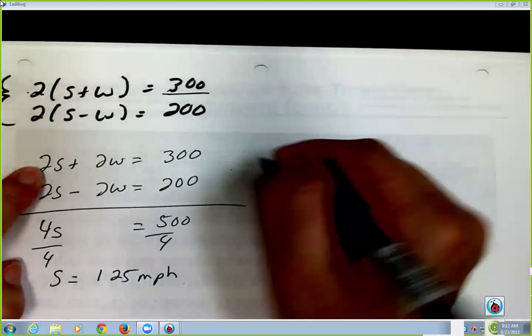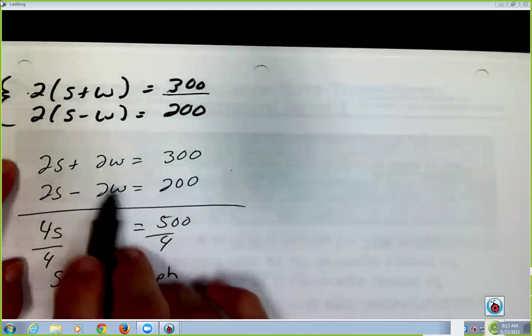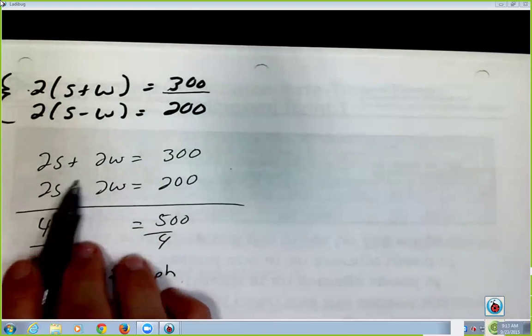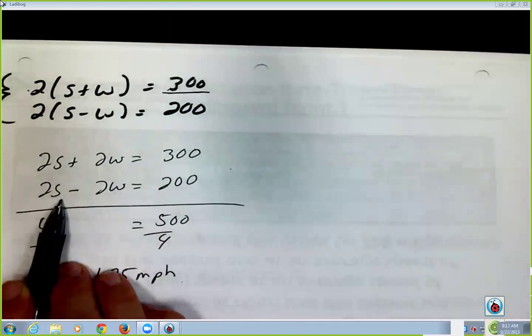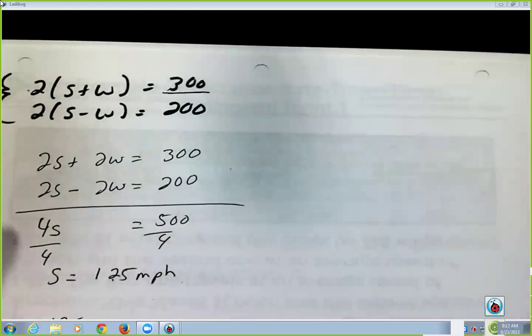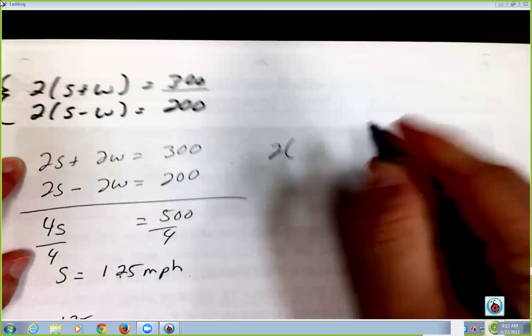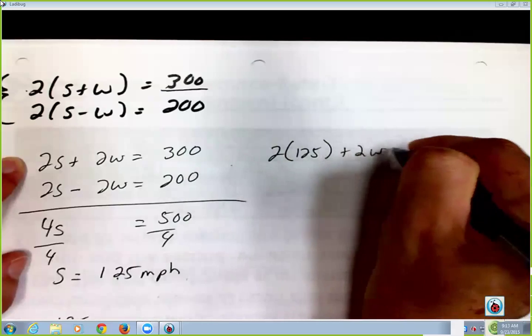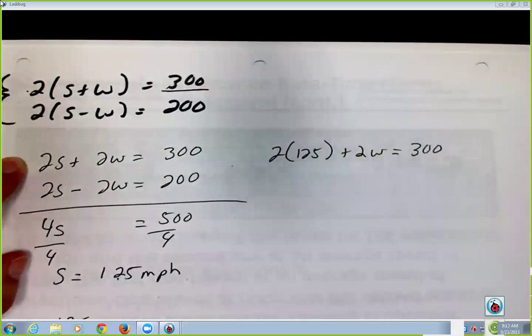So if I take this and plug it back into either equation, which one would you want to pick? You kind of got to get a feel for these, and there's one that I would pick over the other. Which would you pick? The positive, yeah. The positive W. If you can stay away from these lovely little negatives, because they're the ones that give you the most problems, if I can stay away from negatives, I will. So 2 times 125 plus 2W is equal to 300.